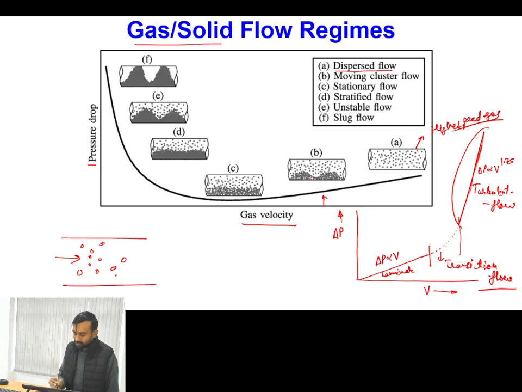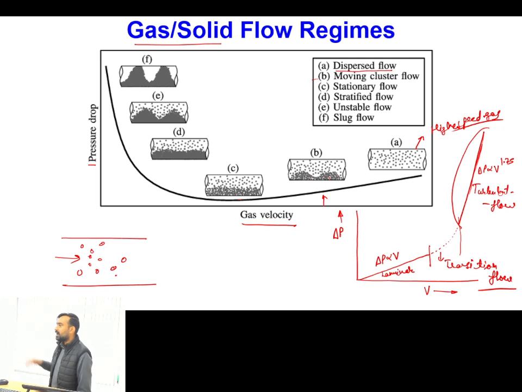Once settling of particles starts near the bottom, we call this moving cluster flow. But in this case also, the bed at the bottom, this cluster of particles, is not settled; it is still moving at the high velocity of the gas.